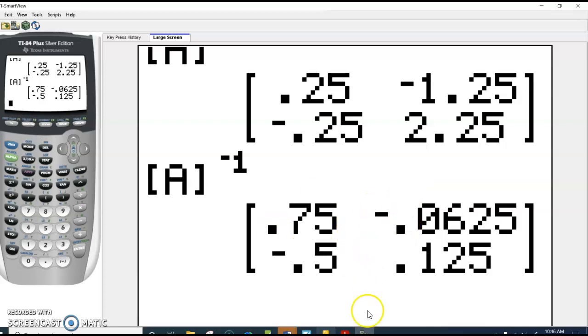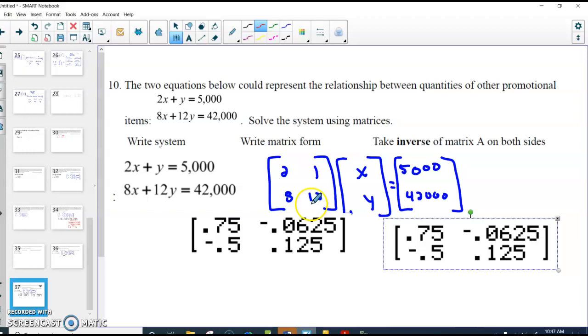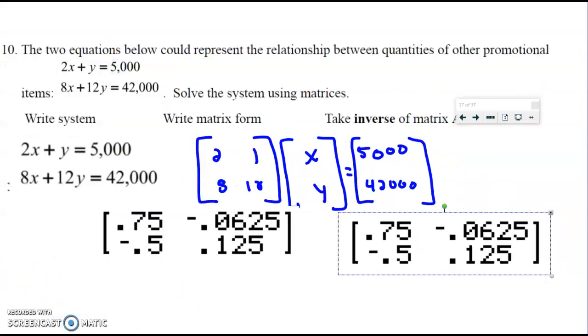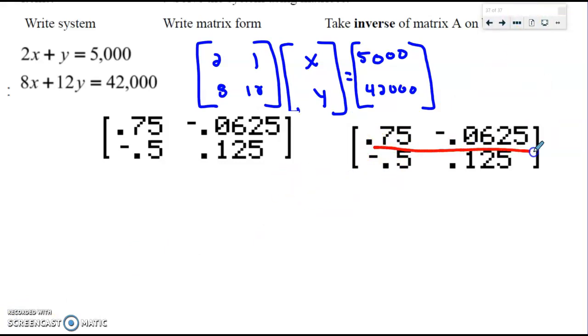This is going to be your inverse matrix. So what I'm doing is taking both sides and multiplying by that inverse matrix. When I do that, I am taking this row by this column, and this row by that column.